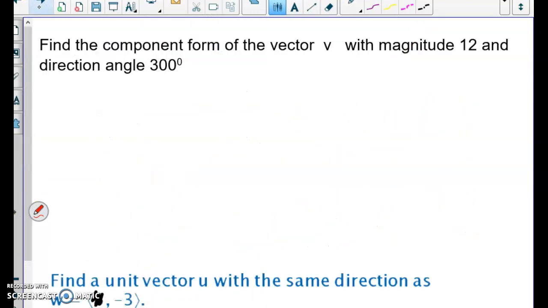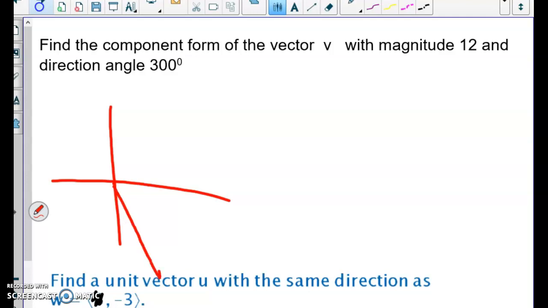So find a component form of a vector with magnitude. Here we're starting out with a vector that is 12 long and the direction of 300 degrees. So I'm going to call that my vector. And component form is the x value and y value.